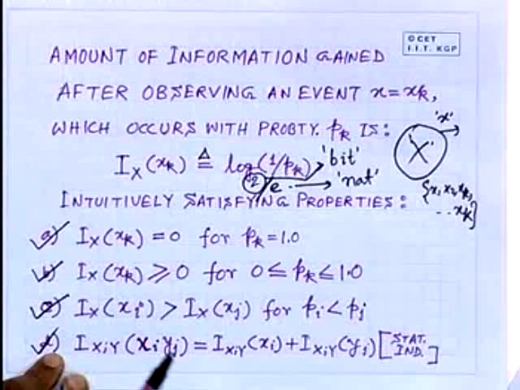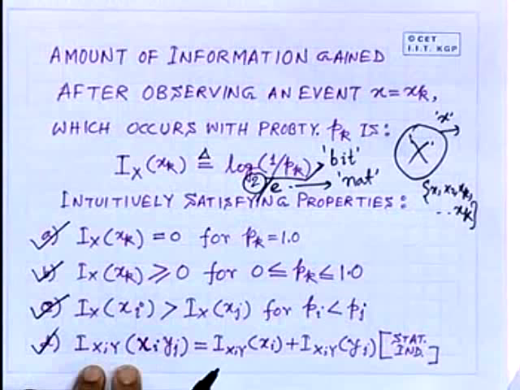Okay, good point. You are referring to this slide. See here, it is not mutual information. It is a joint event xi yj. There is no semicolon in between. Please note that this is a joint event, so there is a statistical experiment.